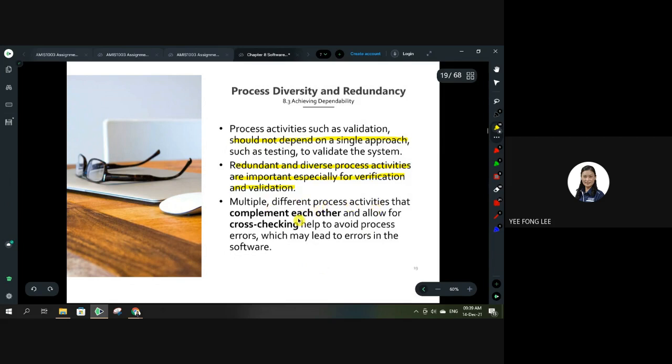Different process activities complement each other and allow cross-checking. What's the purpose of this? To avoid any error. That's one of the reasons for diversity and redundancy in V&V.